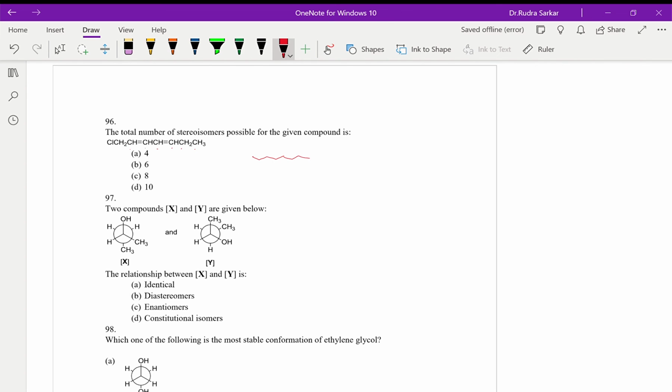We are having a chlorine over here, and then we have a double bond, something like that. Then again we have a double bond.